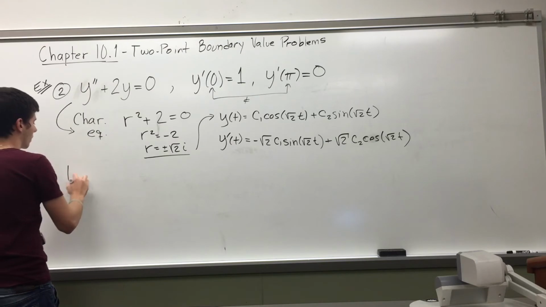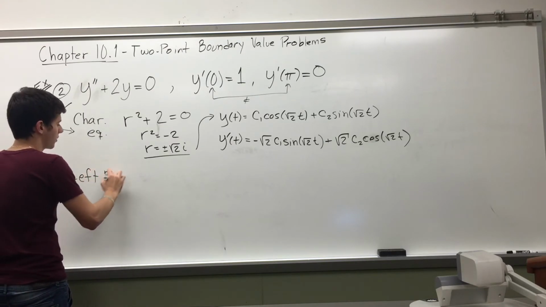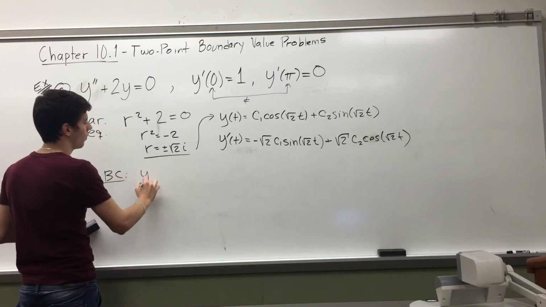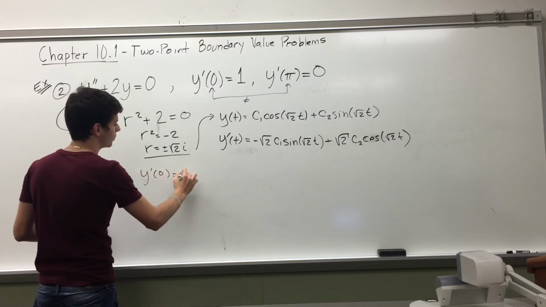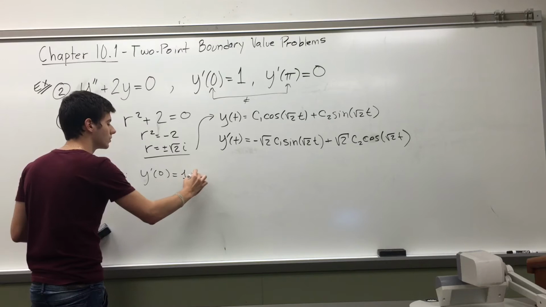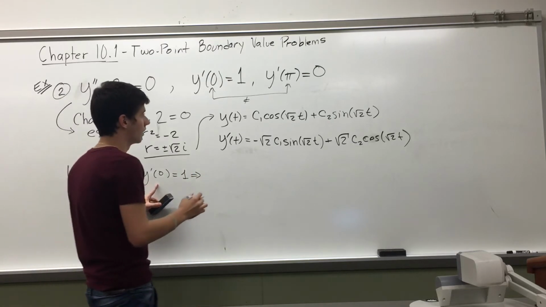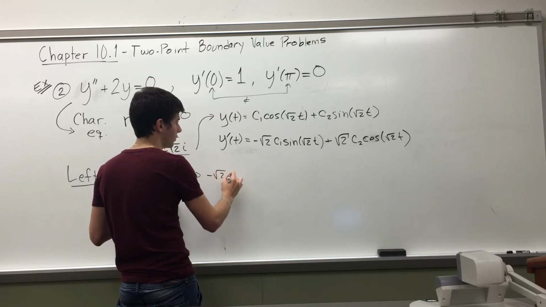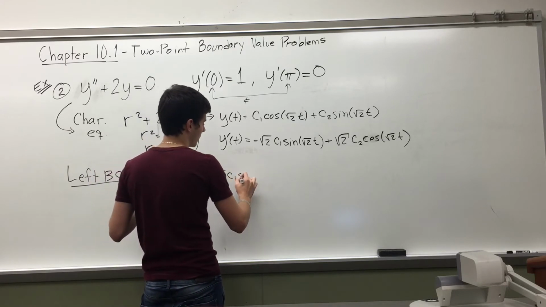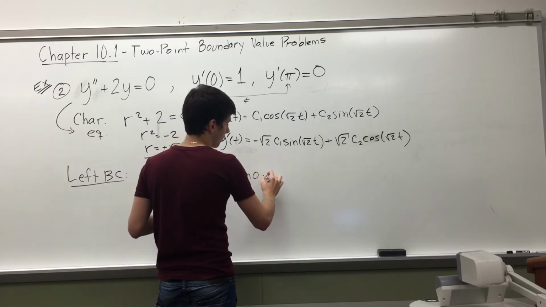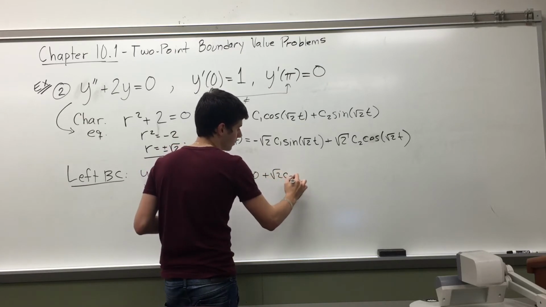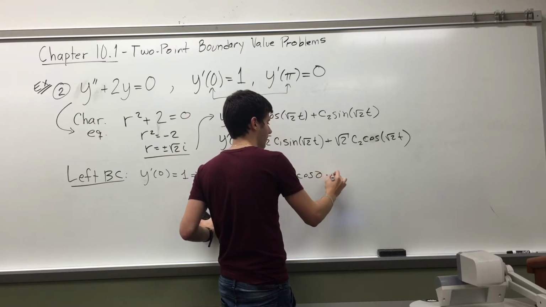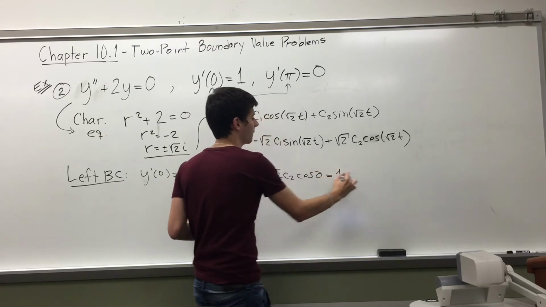Now we can start with our left boundary condition. Our left boundary condition says that y prime of 0 is equal to 1. So let's plug this in. Negative square root of 2 c1 sine of 0 plus square root of 2 c2 cosine of 0 is equal to 1.